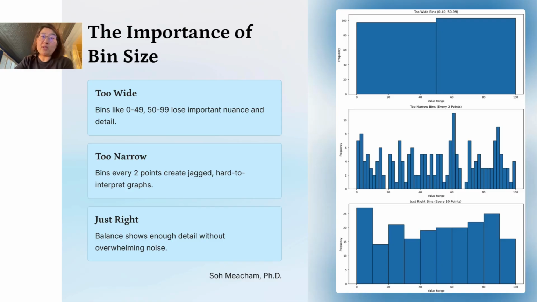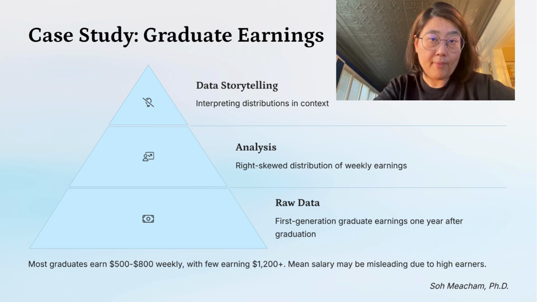If we use very narrow bins, however, say every 2 points, we may get a jagged graph that's hard to interpret. So, we strike a balance. Choose bins that show enough detail to see variation, but not so much that the data becomes noisy. In education research, especially with small samples, the bin size can make or break your histogram's clarity.